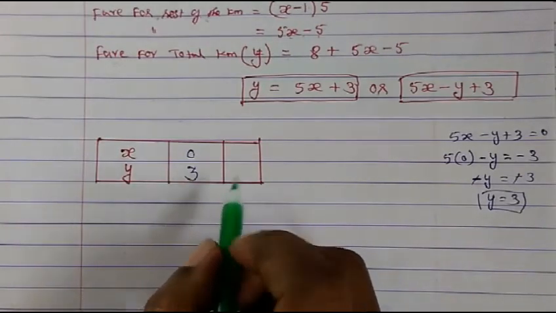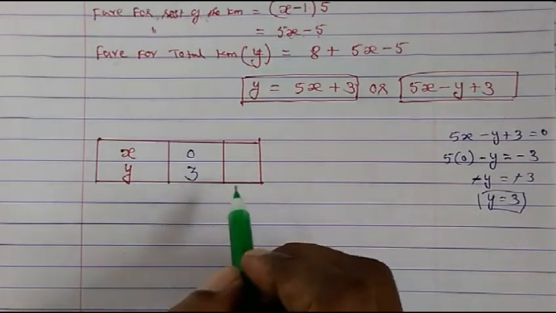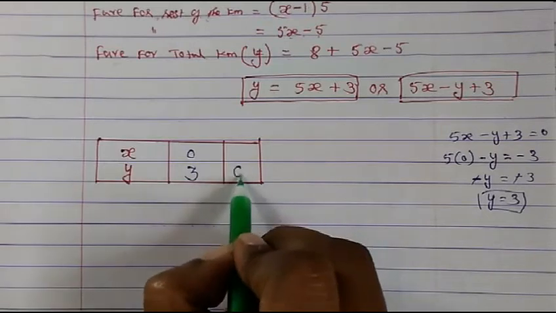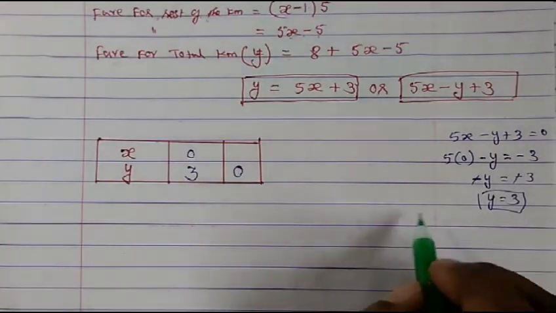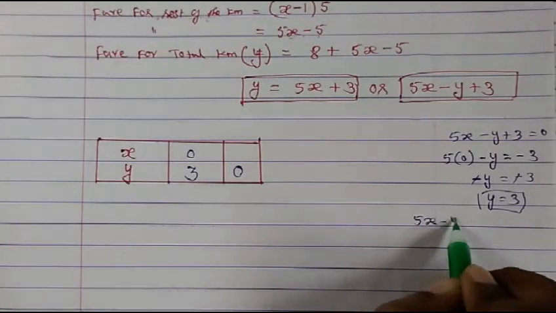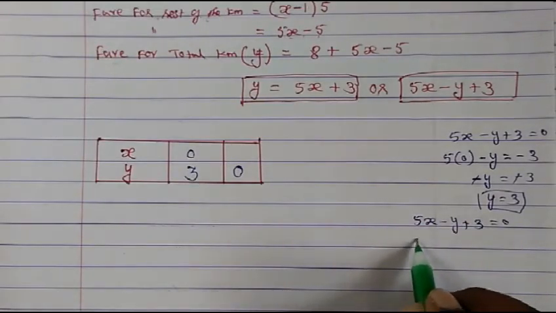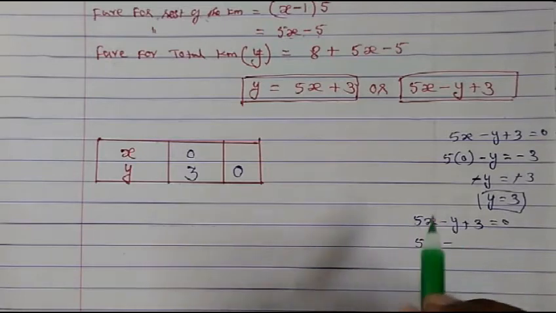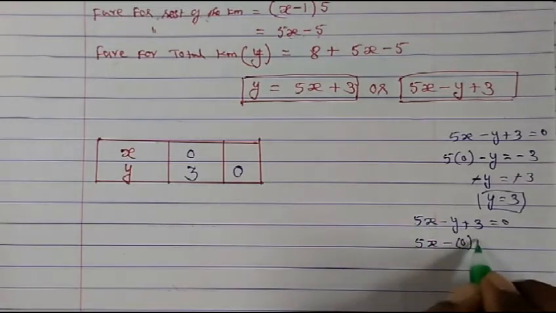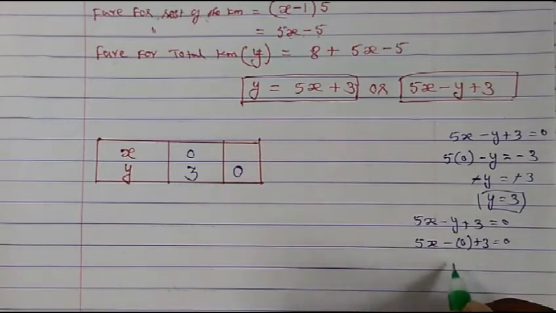Now I will take y as 0. If I am taking y as 0, then what will I get? 5x minus y plus 3 equal to 0. So 5x, y I have taken as 0, plus 3. So this whole thing will become 0. So 5x equal to, plus 3 will go to that side and become minus 3.